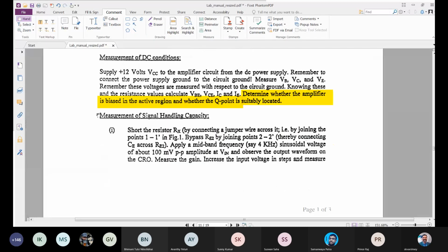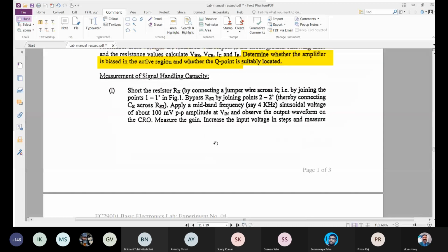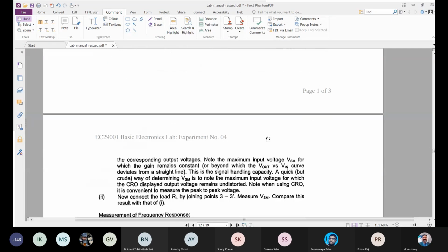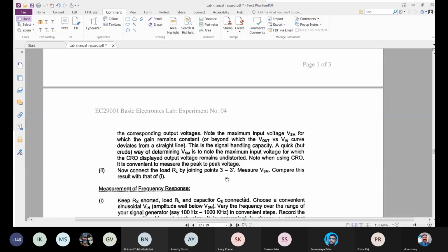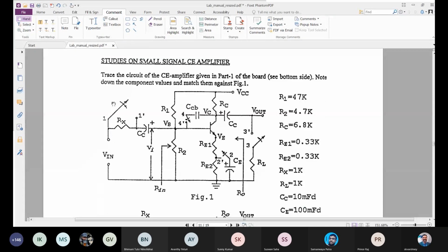And the second point is about the measurement of signal handling capacity. Basically, one has to observe the waveform on the oscilloscope, and we keep on changing the input voltage, and at a certain point the signal gets distorted, meaning the output signal gets distorted. That is the maximum voltage you can apply, because we are doing a small signal analysis.